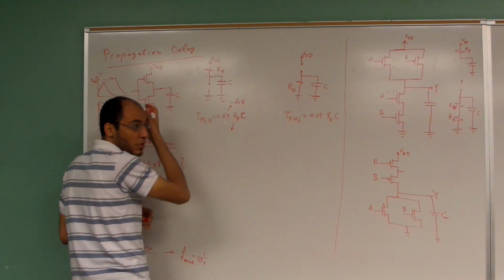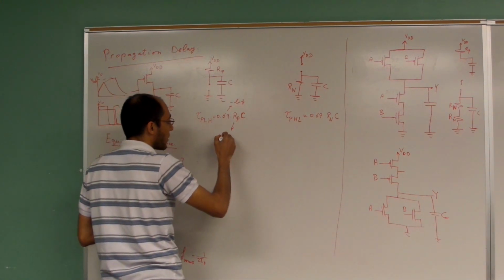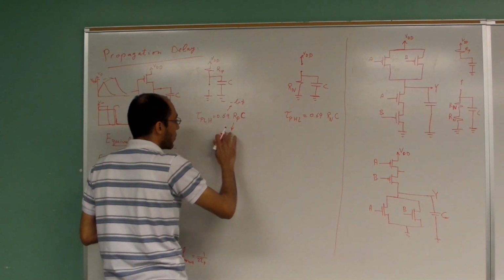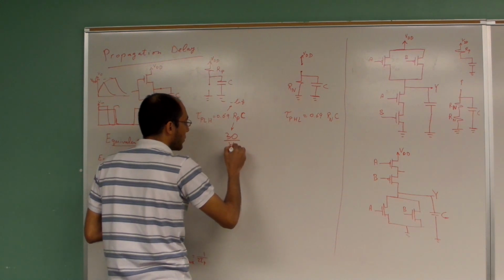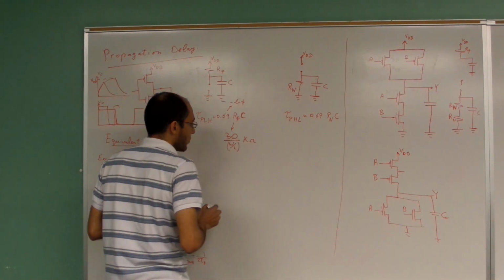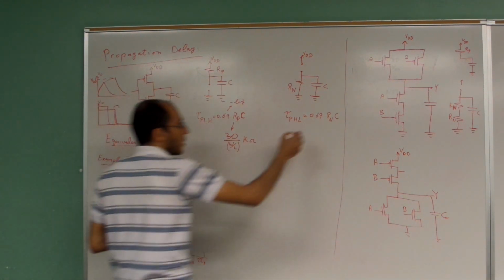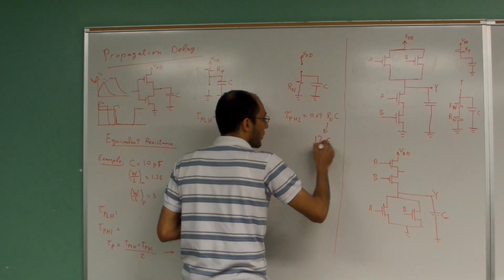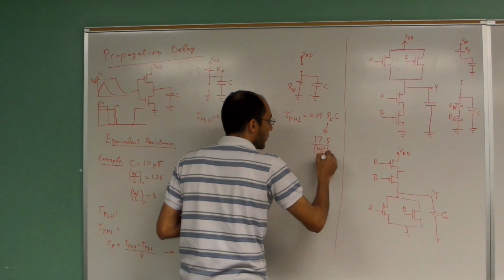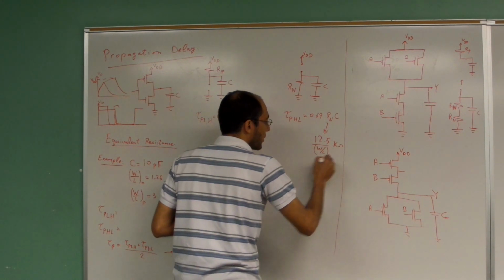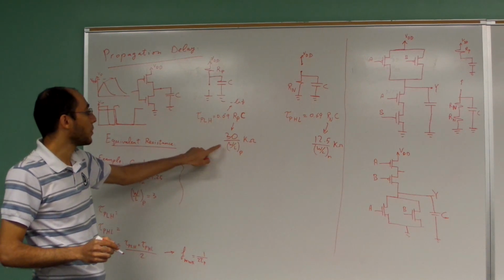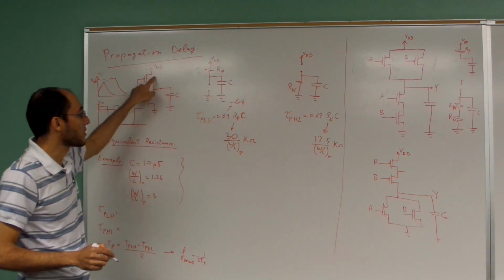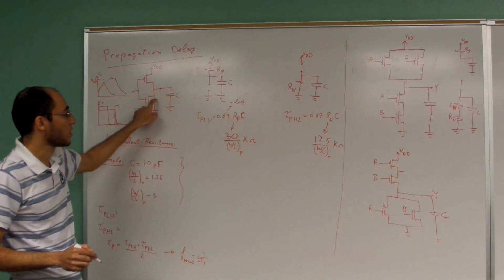Using empirical measurements in the lab, it turns out that Rp is equal to 30 over W over L kilo ohms, and Rn is equal to 12.5 over W over L kilo ohms. This is N and this is P. So it depends on the dimension of this transistor, and this depends on the dimension of this transistor as well.